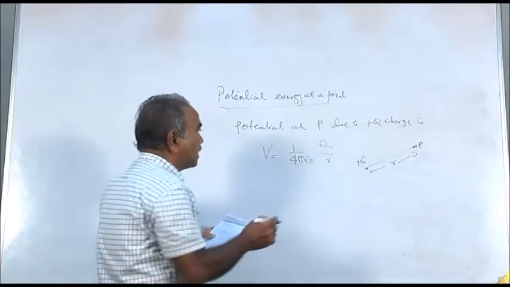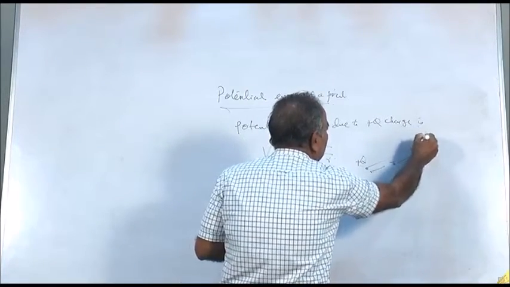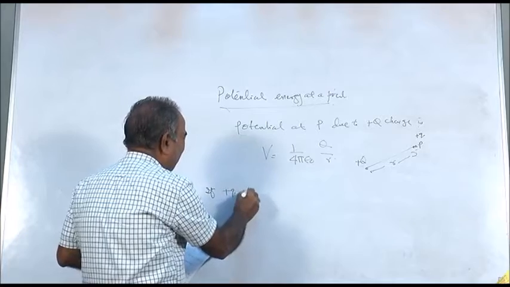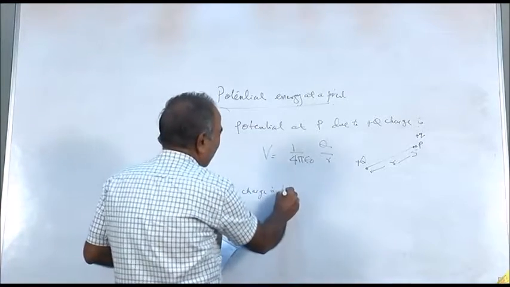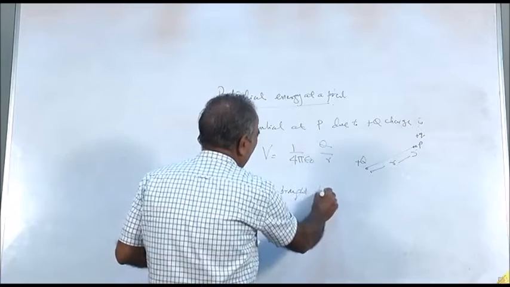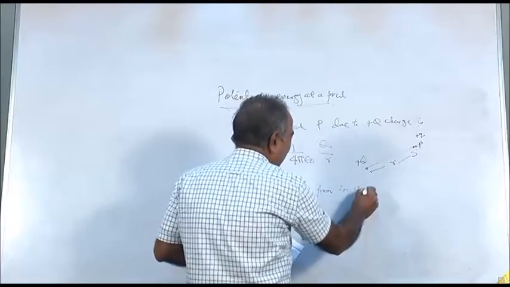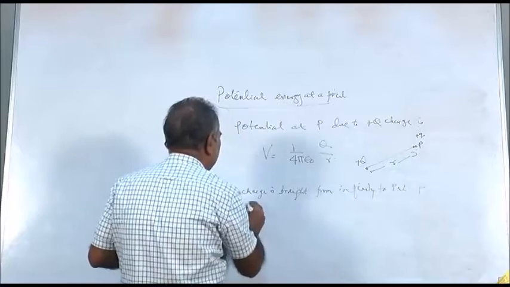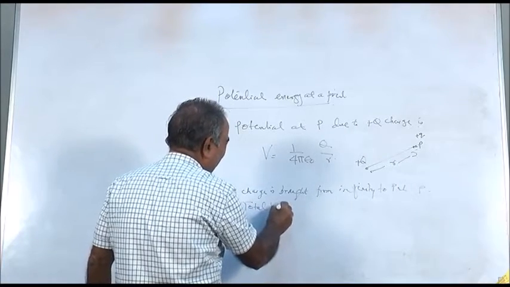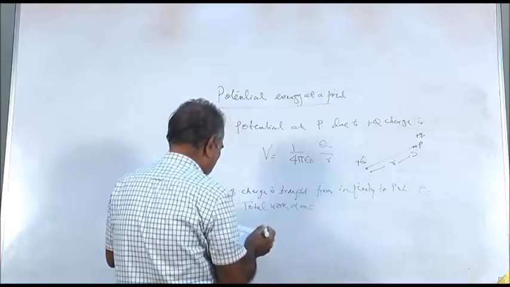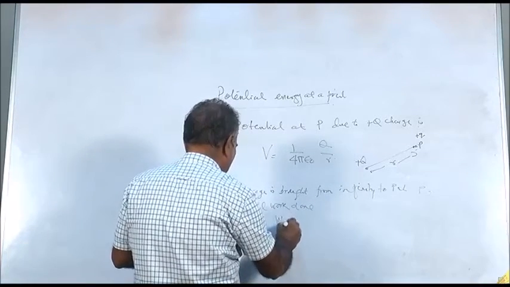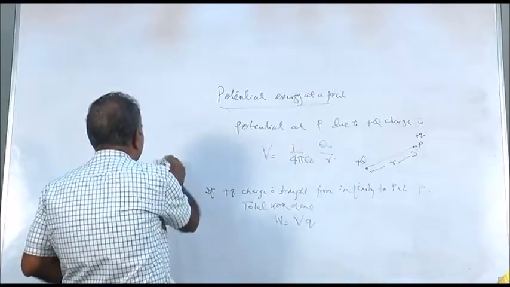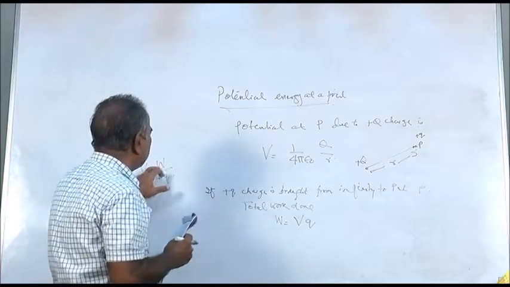If plus q charge is brought from infinity to point P, the total work done will be W equal to V into q, because we know that potential V is W by plus q, the work done in bringing a unit positive charge.